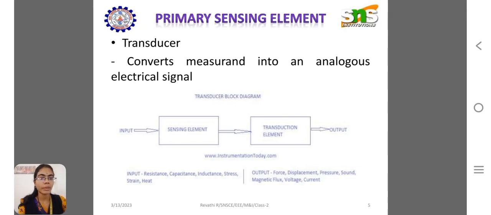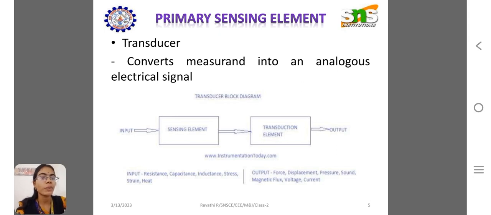The primary sensing element consists of a transducer. A transducer is a device which converts a measurement into an analog electrical signal. The transducer block diagram is given below, where the input enters a signal sensing element, is transferred to a transduction element, and then we receive an output.